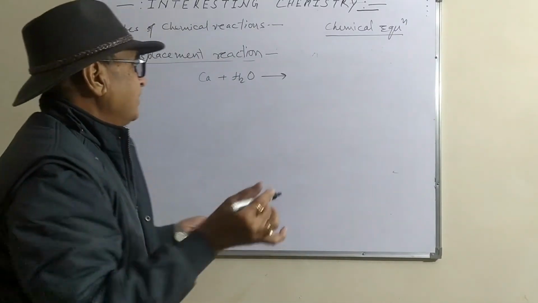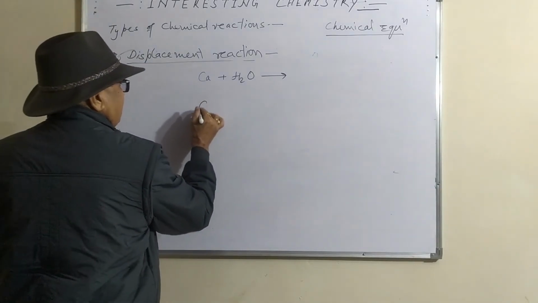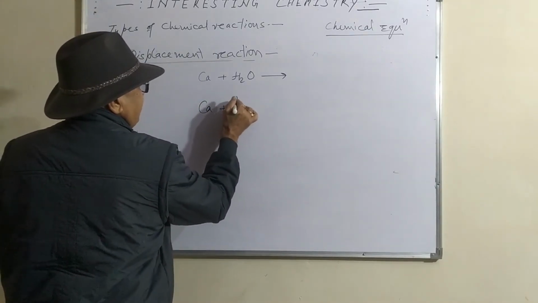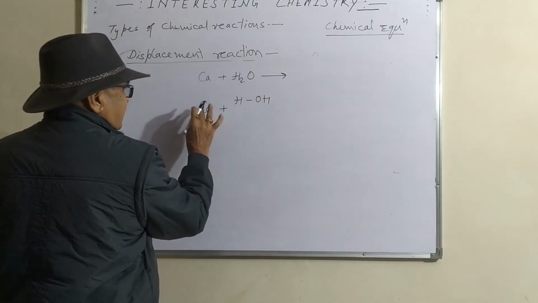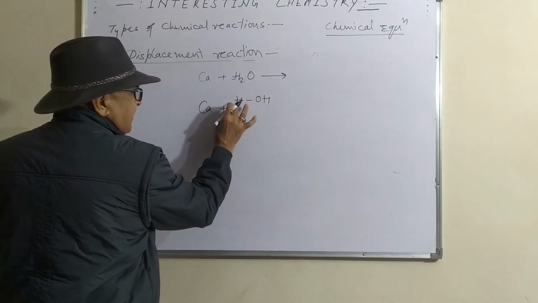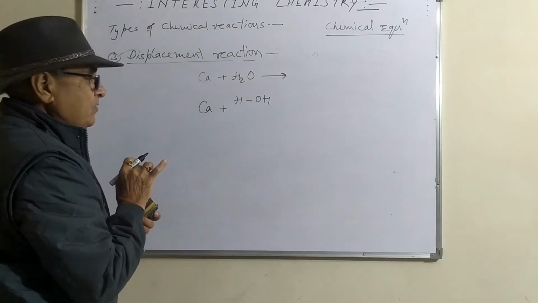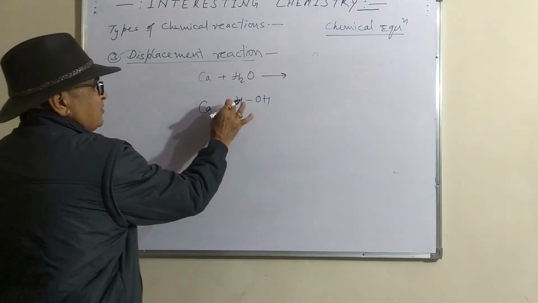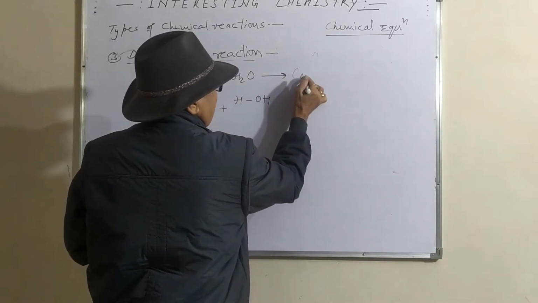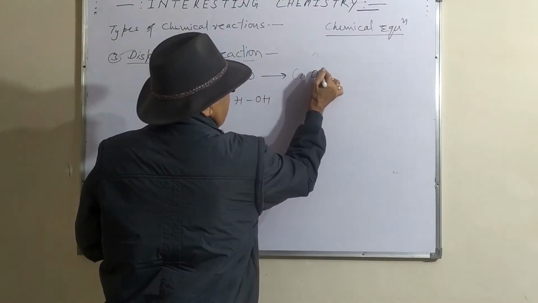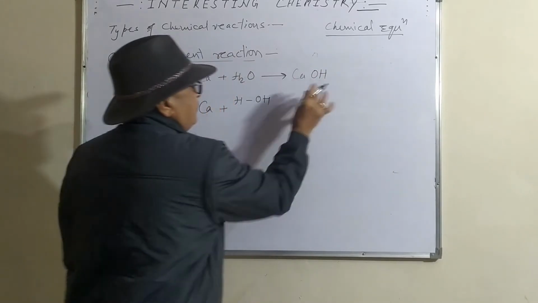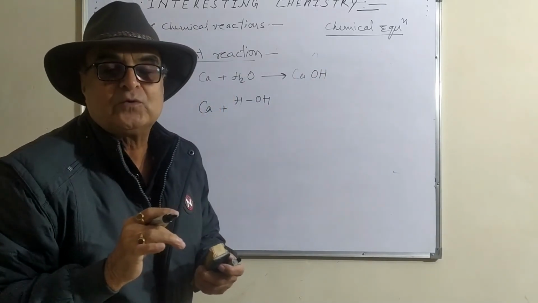But if you write calcium and HOH, calcium will replace hydrogen. Then Ca and OH, so the newly formed compound will be calcium hydroxide.